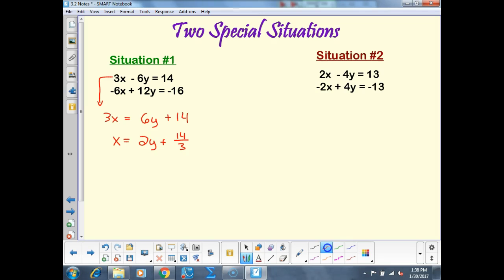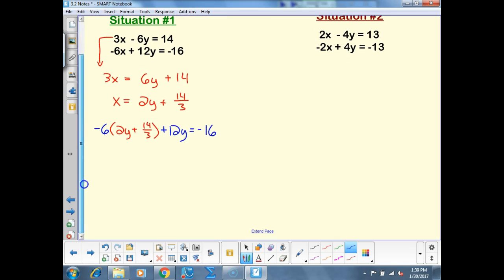Take that, put that into the bottom equation. Negative 6 times (2y plus 14/3) plus 12y equals negative 16.